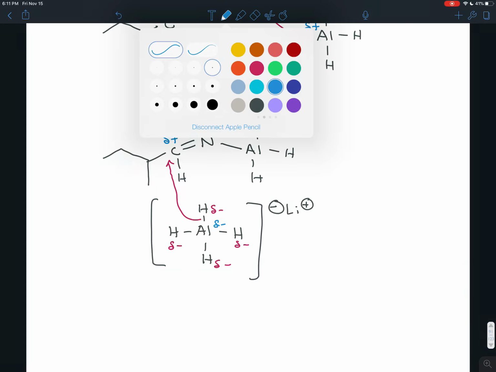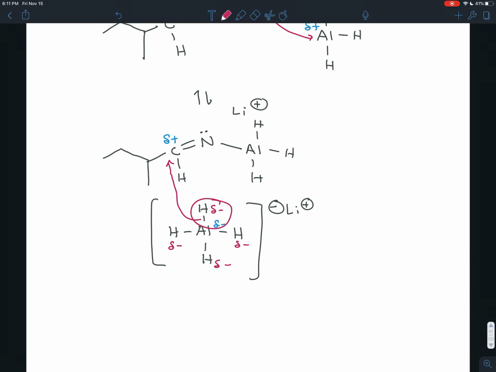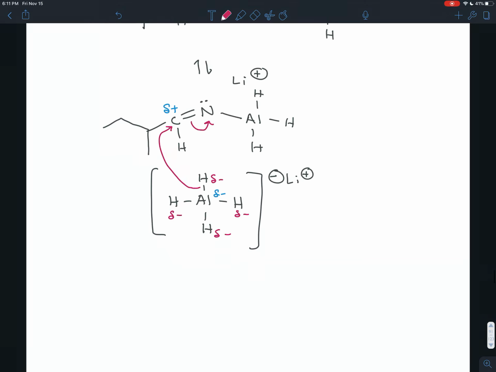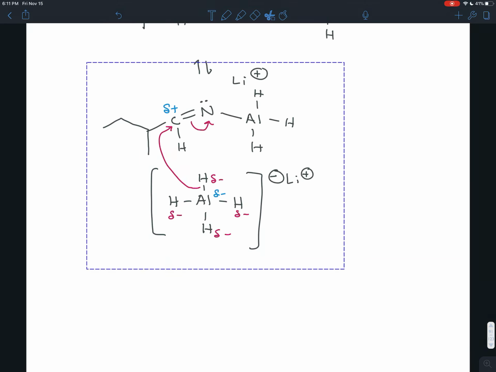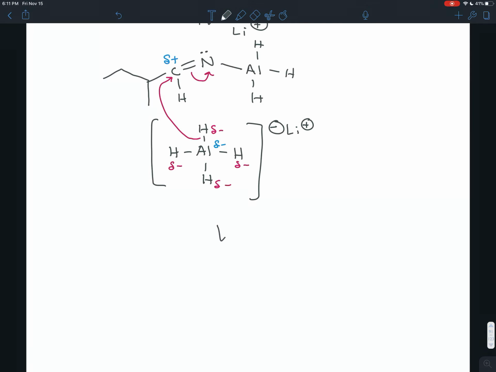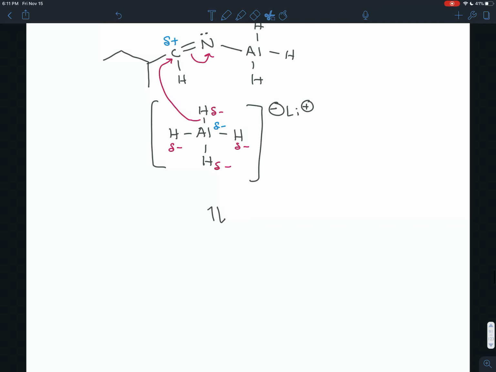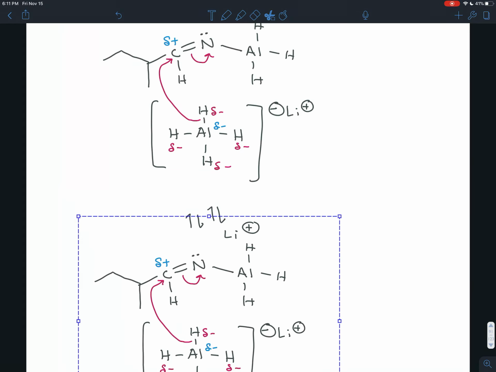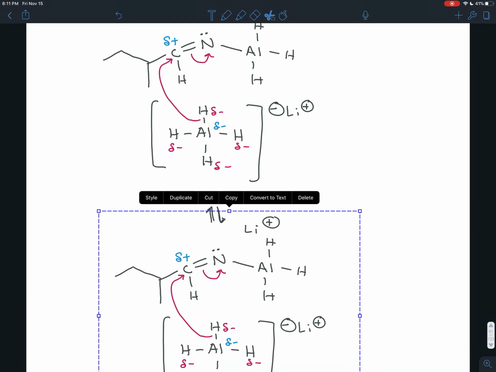And so this nucleophilic hydrogen can attack it. So if we were drawing that in all over, we'd say, okay, these electrons come up and attack that, at which point the pi bond here breaks and the electrons go onto the nitrogen. So again, similar to how this would react with a more traditional carboxylic acid derivative.